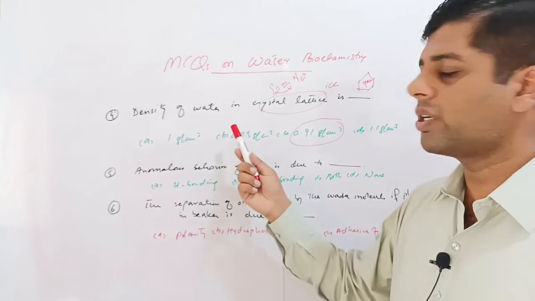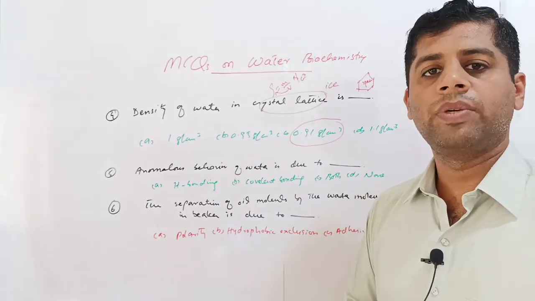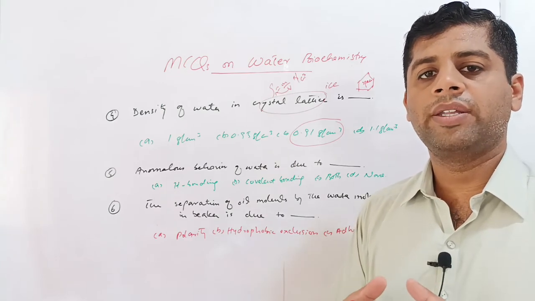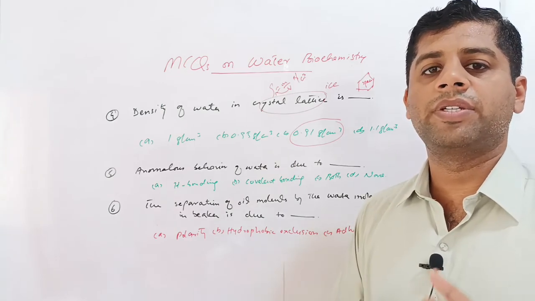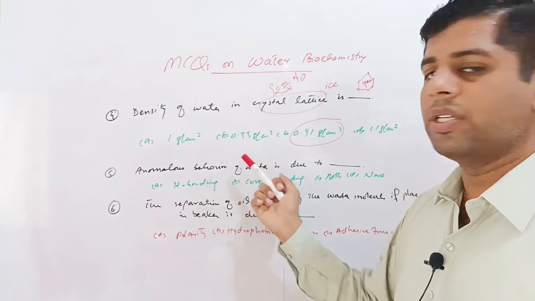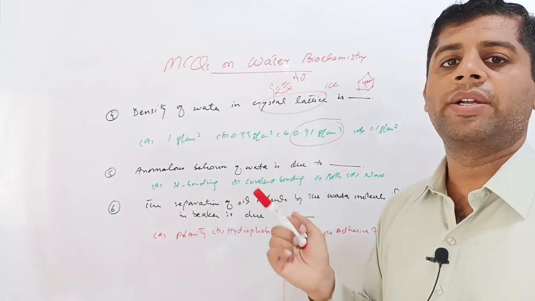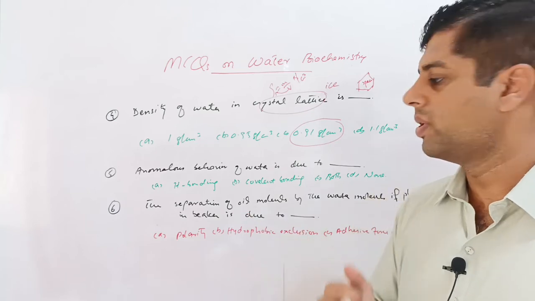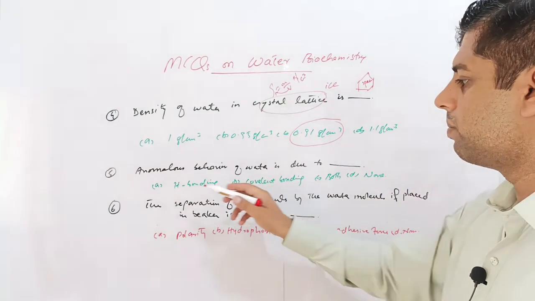In case of water, the density decreases because, as stated, in ice crystals six molecules of water aggregate and bond with each other, leaving empty spaces in them. So the density of water decreases below 4 degrees centigrade, or at 0 degrees centigrade when ice is formed. So this is due to hydrogen bonding.